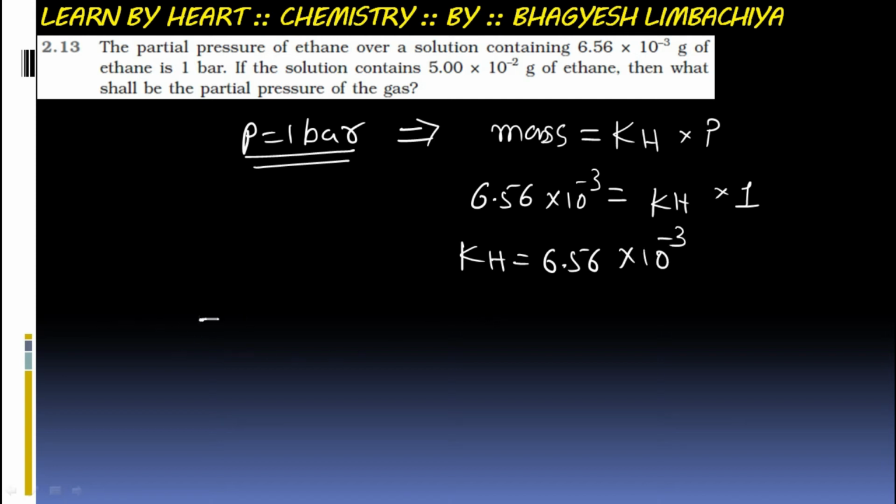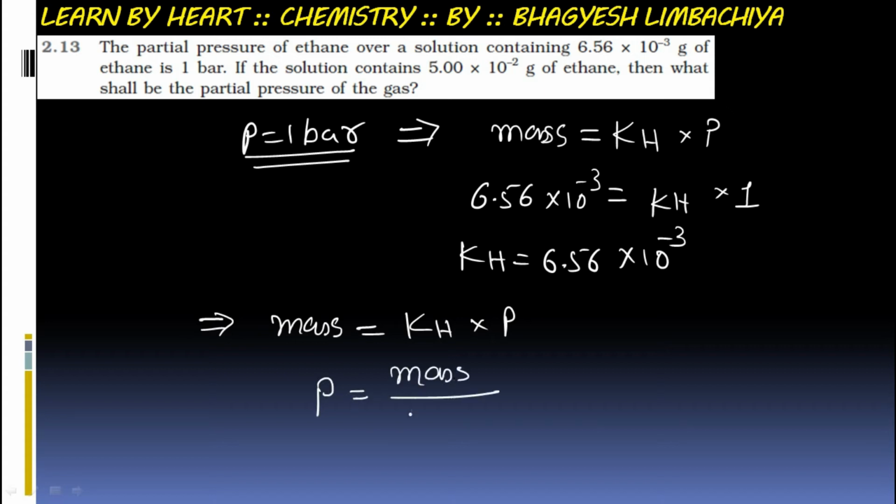Now here you are asked that if the mass of ethane in the solution is 5 into 10 raised to minus 2 gram, then what will be the partial pressure of the gas? So again we will apply the same formula, mass equals KH into P, and this time you are asked P, so it is mass upon KH.